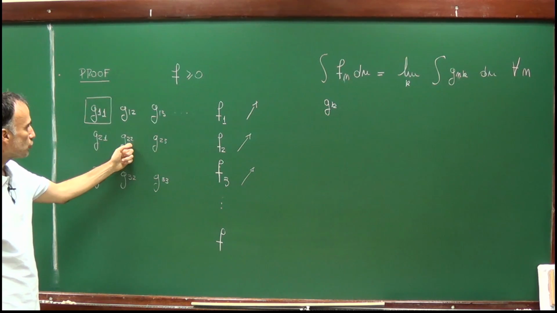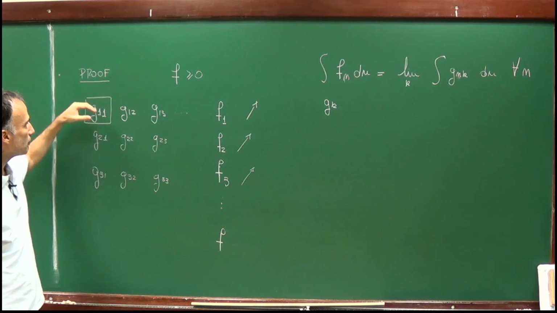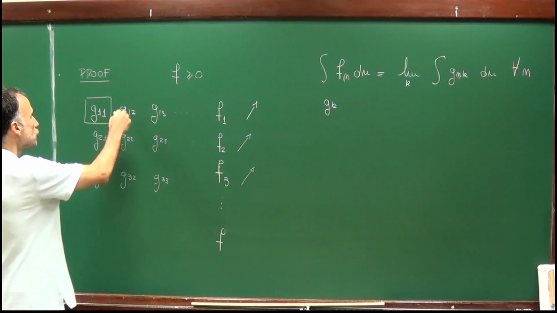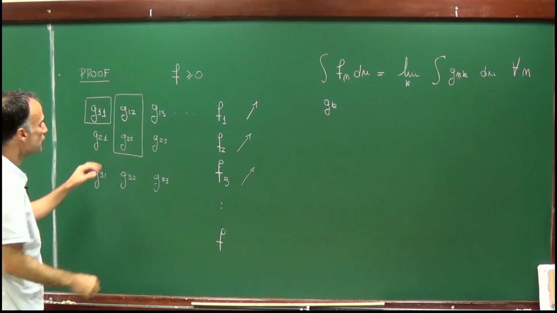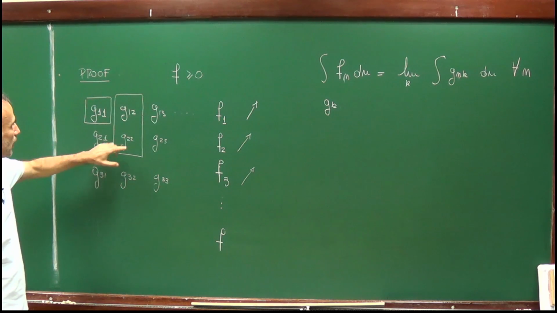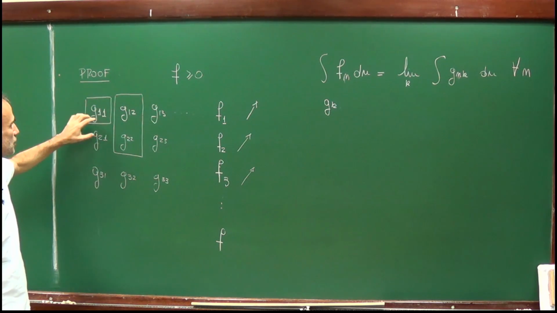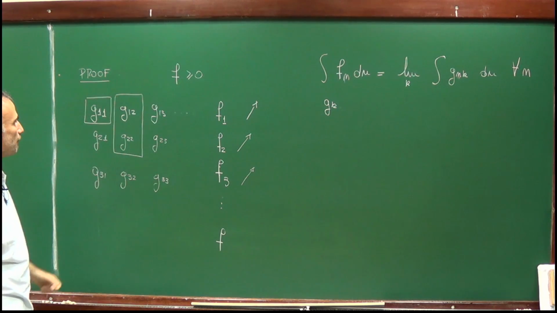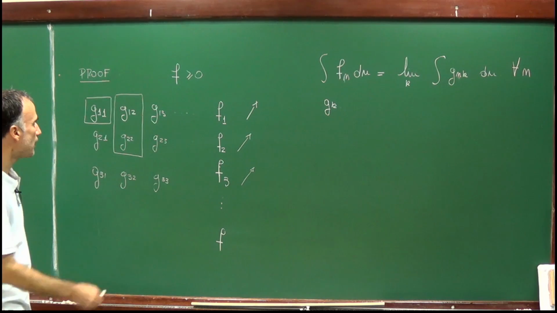I would be tempted to choose g22, but I have no relation between g22 and g11 because they belong to different lines. So what we will do is take the maximum between g12 and g22. In this way, I know that this maximum is larger than g12, which is larger than g11. So I get a function which is larger than the first one.